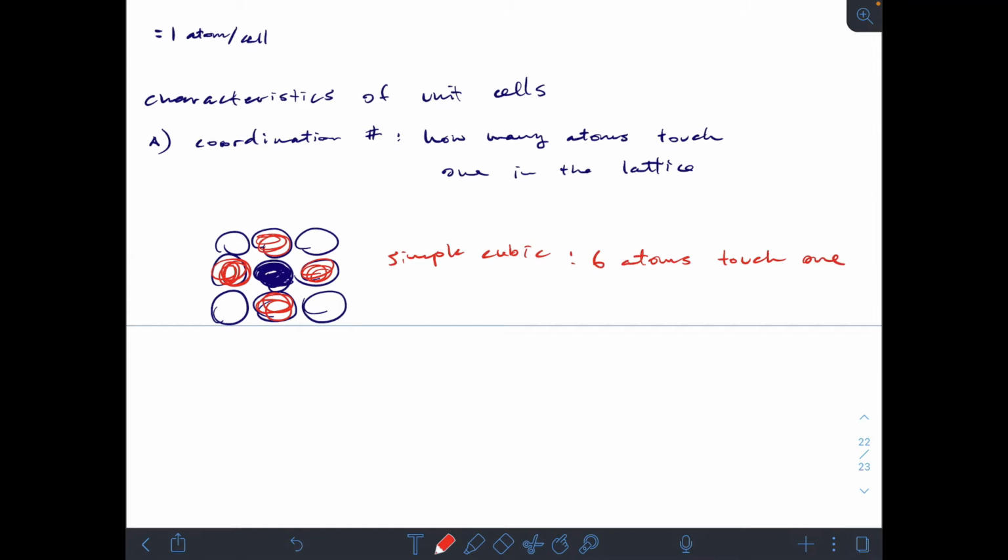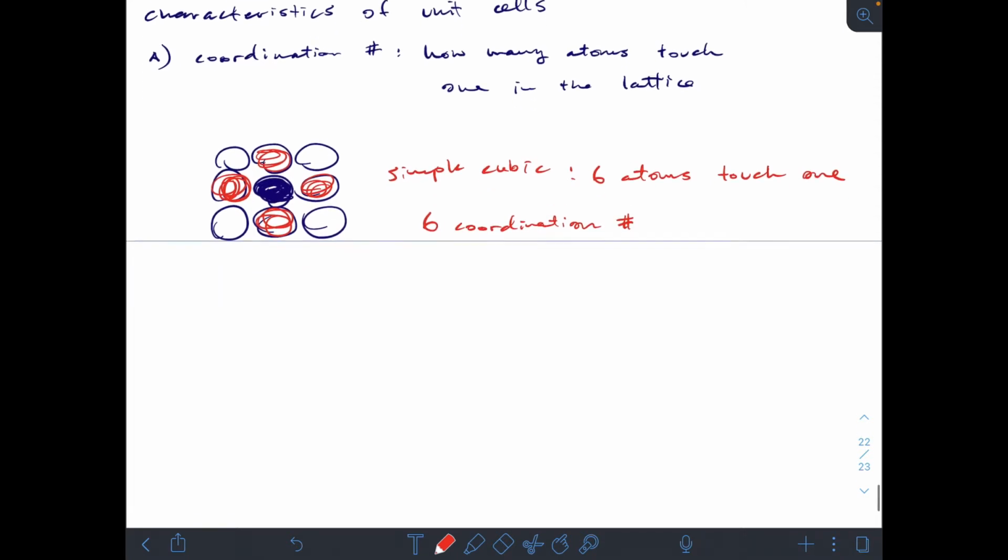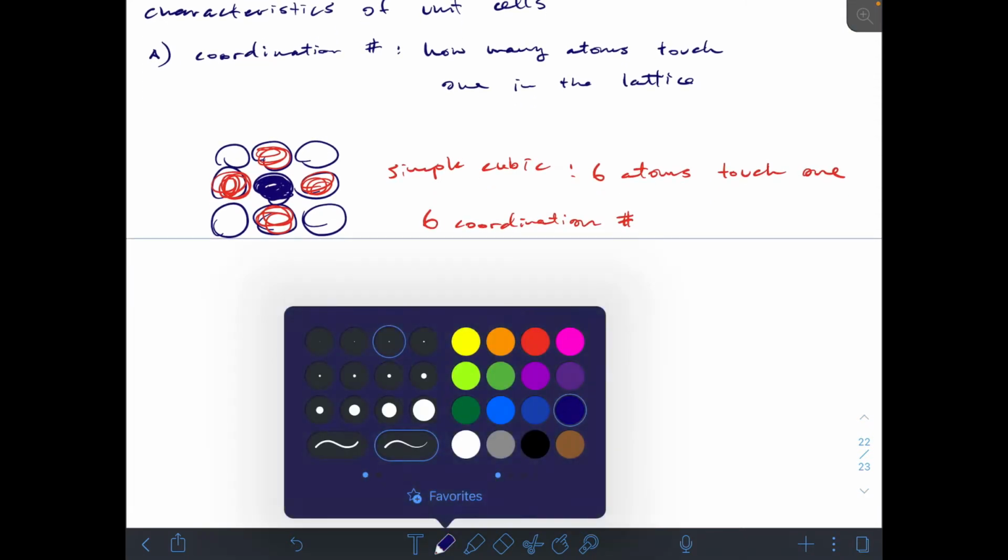Right, so our coordination number for simple cubic is 6. So we have to think in 3 dimensions and think about how many atoms will touch one atom in that lattice. Okay, and it'll be different for each of the arrangements.